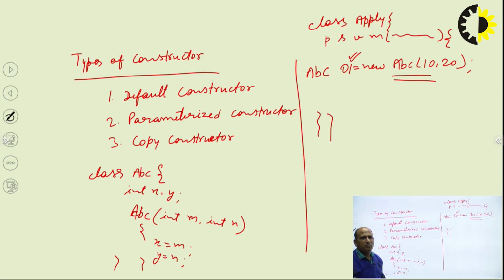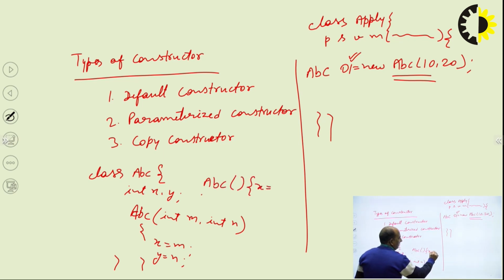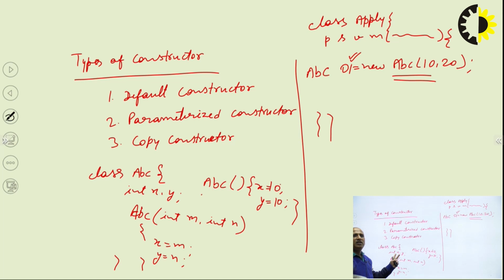But if we want to use the default constructor also, then in that situation you have to declare another constructor. I am writing here the ABC constructor where the default values have been assigned. So now in this class there are two variables x and y and two constructors: one is the default constructor that initializes x and y with the value 10, and there is a parameterized constructor that is passed two integer values that will be assigned to the variables x and y.